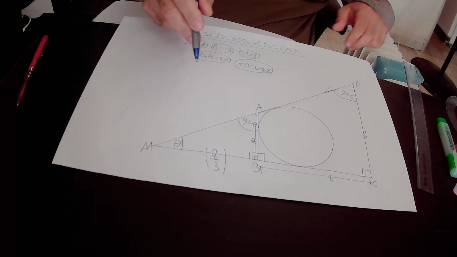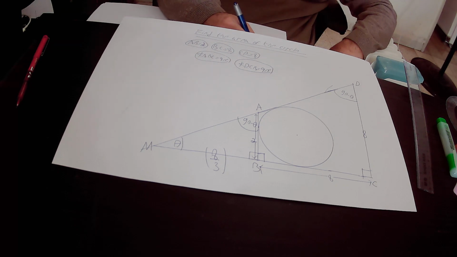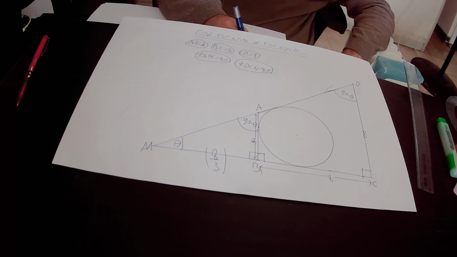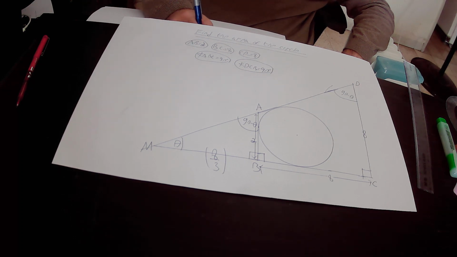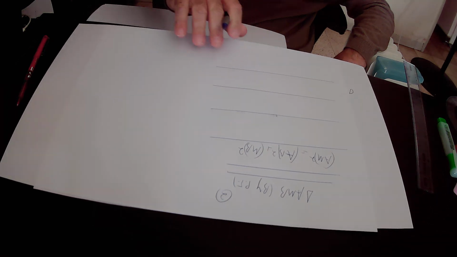The hypotenuse is AM, so AM squared equals AB squared plus MB squared.